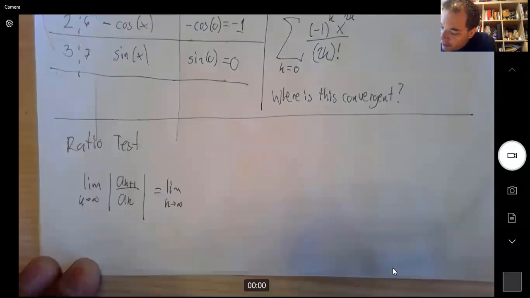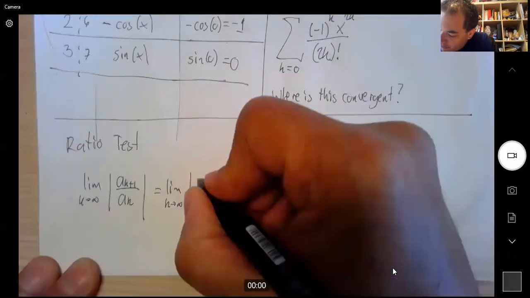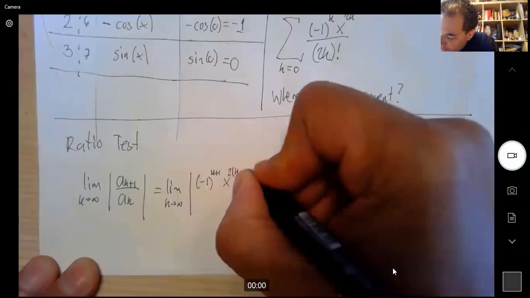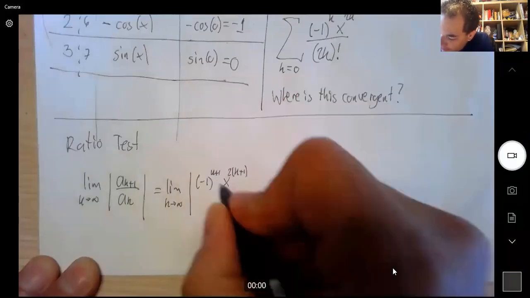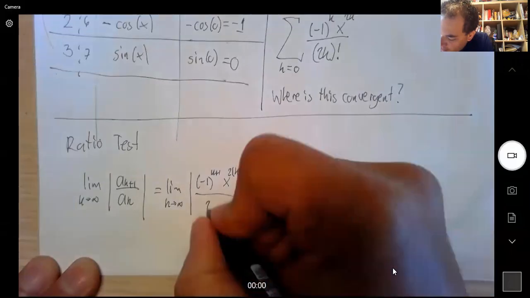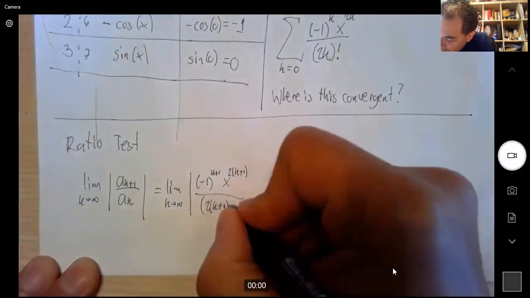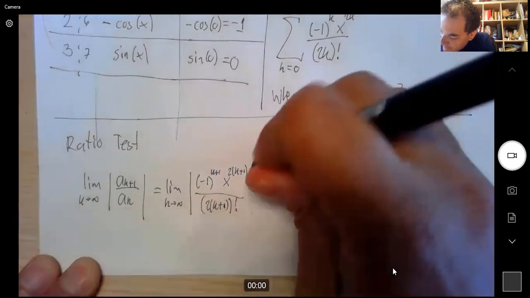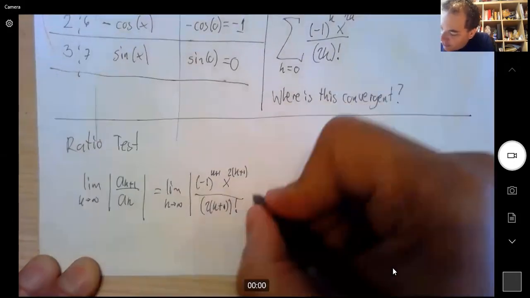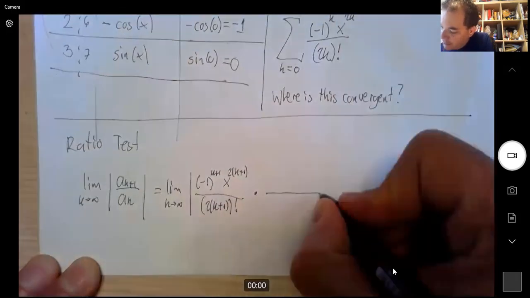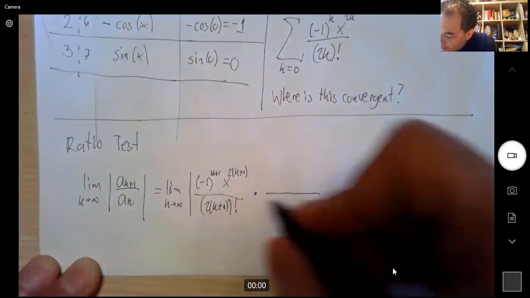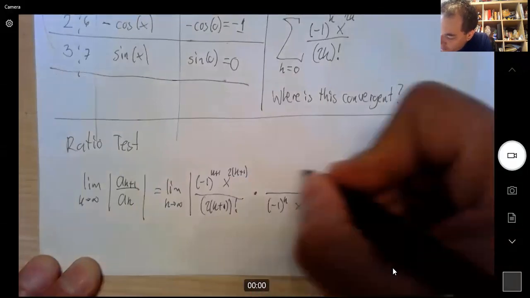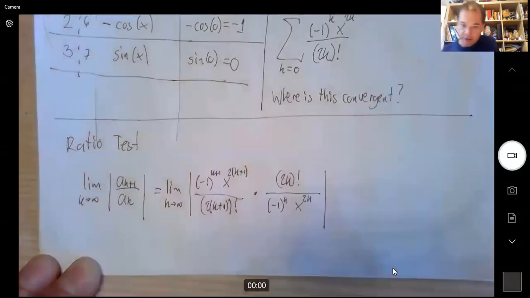So this will be the absolute value of negative 1 to the k plus 1, x to the 2 times k plus 1, be careful there, divided by 2 times k plus 1 factorial, times the reciprocal, so the same one, but written the reciprocal way. So it will be negative 1 to the k, x to the 2k, and 2k factorial, like that.